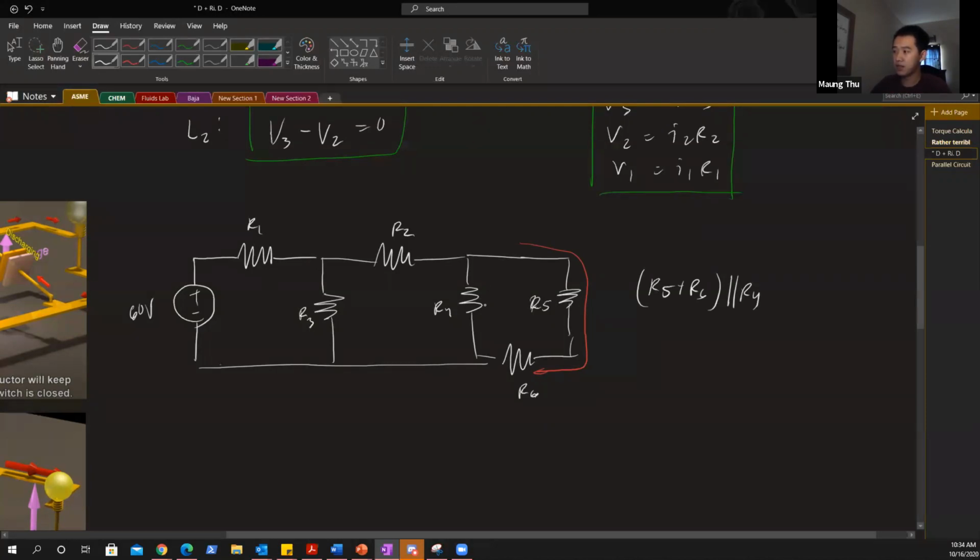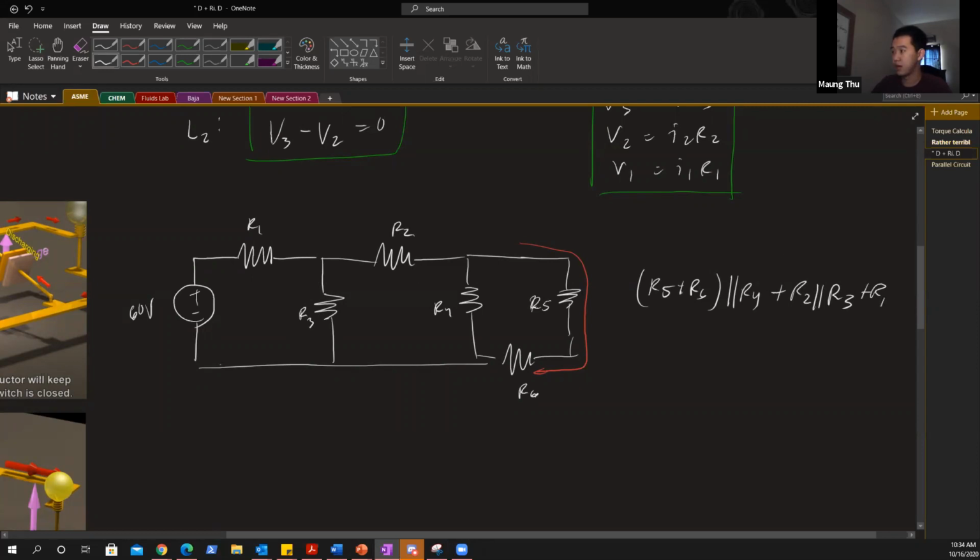And then you'll notice that your R4 is in series with R2, so you add R2. After that, your R2 is in parallel with R3, so you do it parallel. And then your R3 is in series with R1.